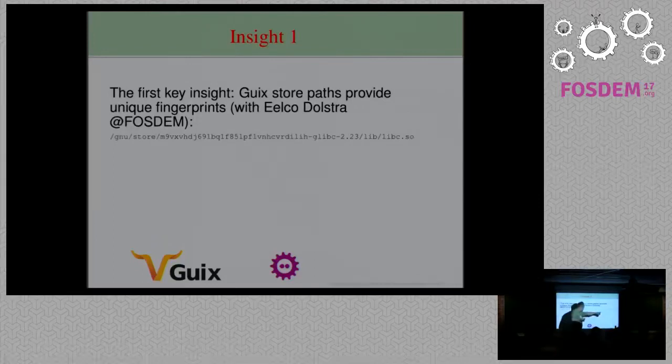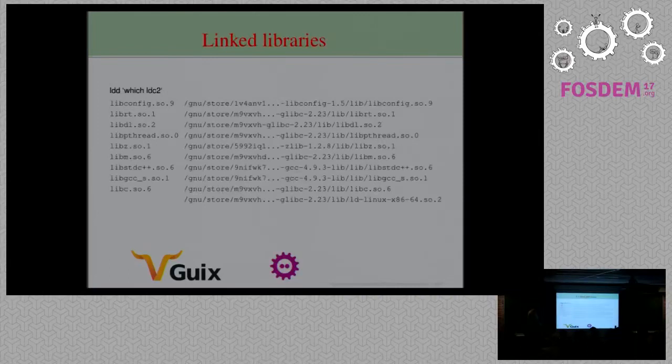If you look for the linked-in shared libraries of the LDC compiler, you will see something like this. So this also explains what Guix actually does, right? It hard links all these libraries, so they are found separately on your system.